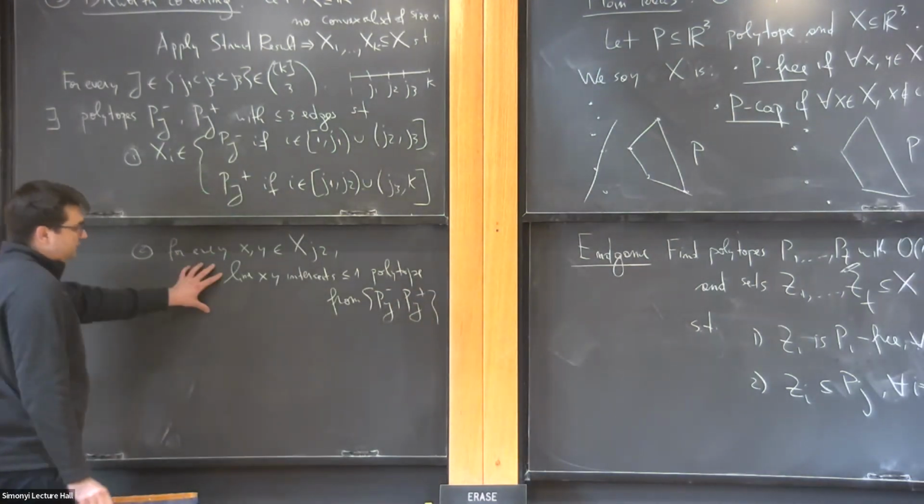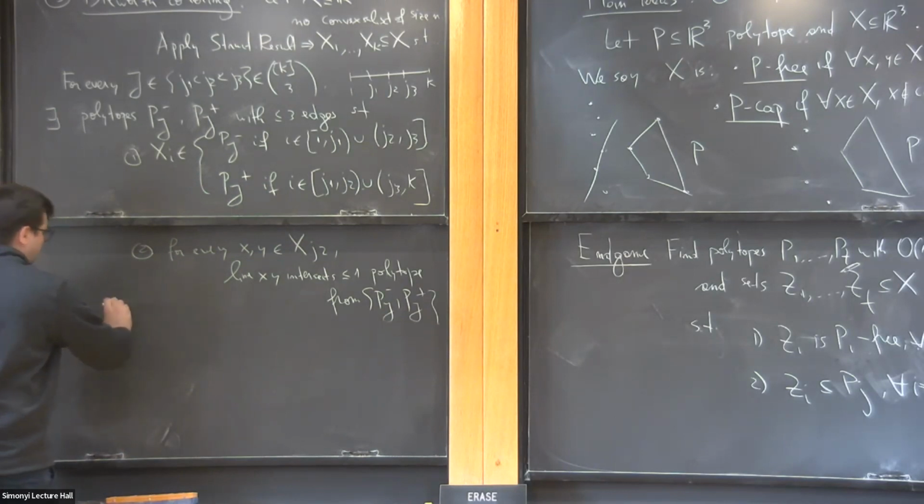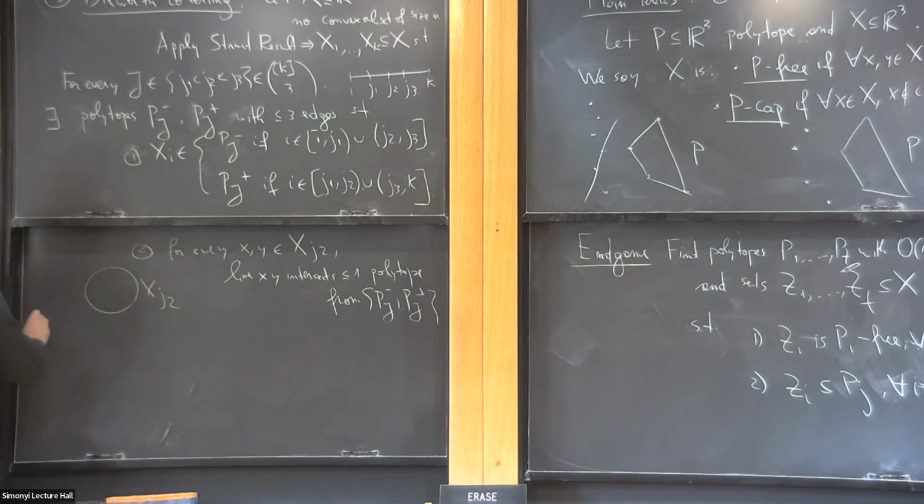So I'll draw a picture. More important is the set xj2. This condition is saying that we have these quite substantial polytopes containing the other sets. So 2 of the sets are in here, the other half are in there.